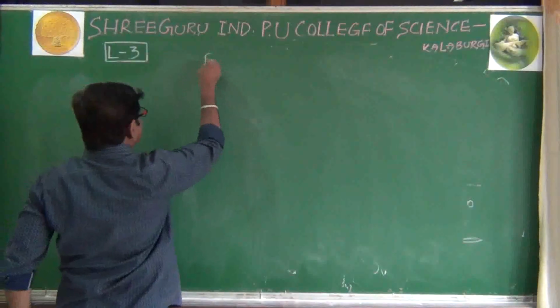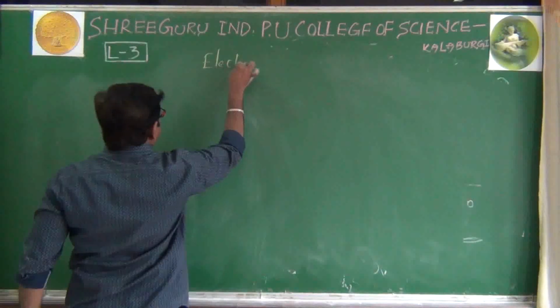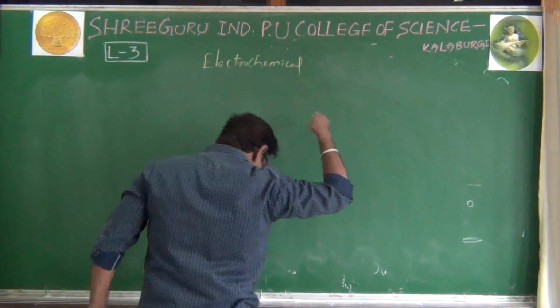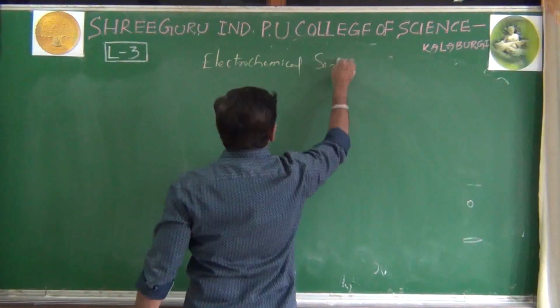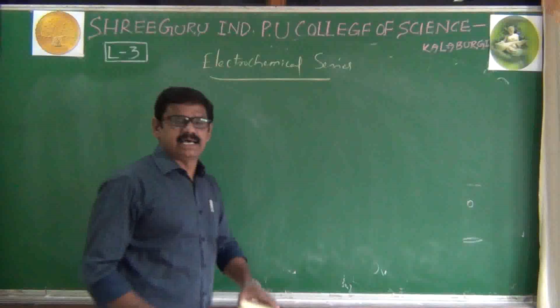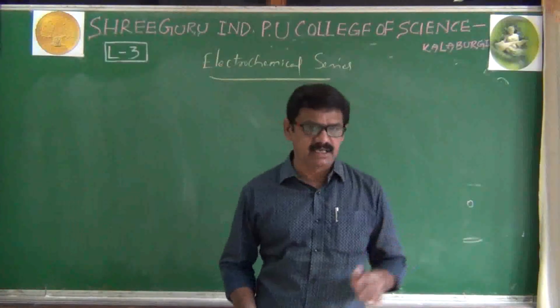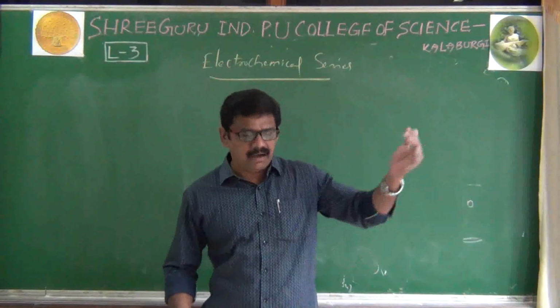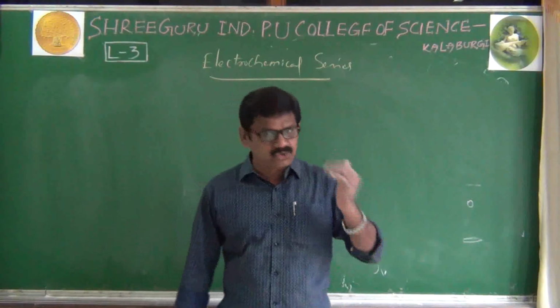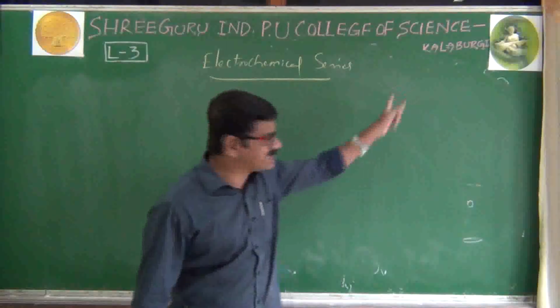Electrochemical series means with the help of SHE, we have calculated the standard reduction potential values of all elements and electrodes, and those values are arranged in a systematic manner.